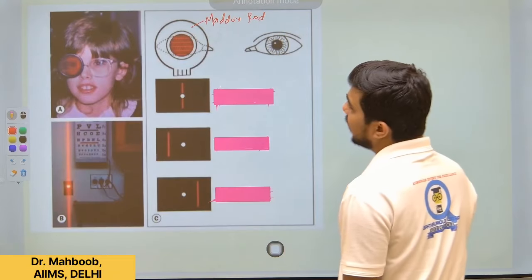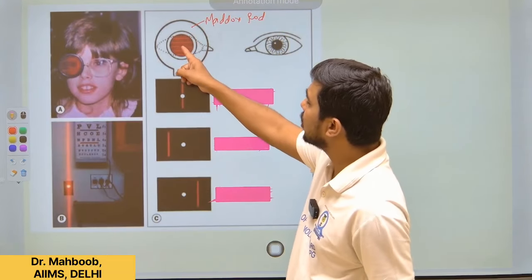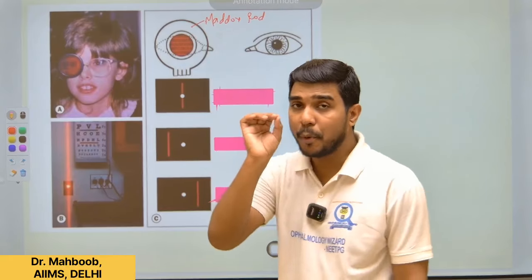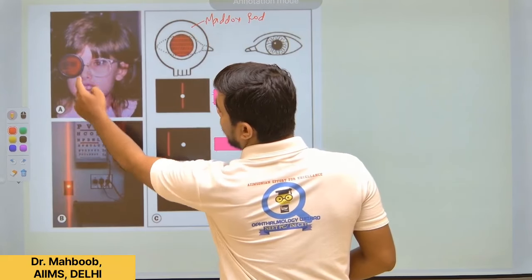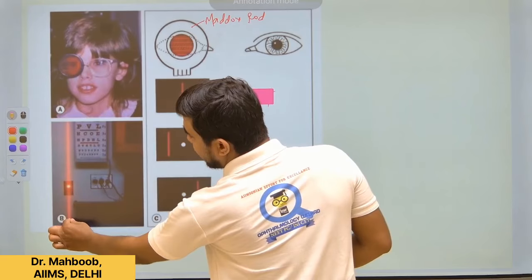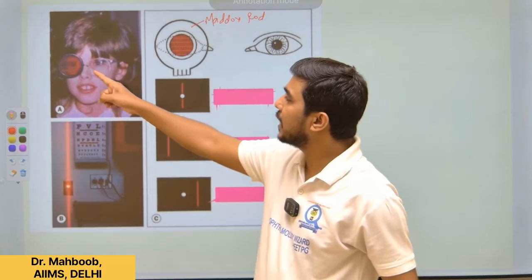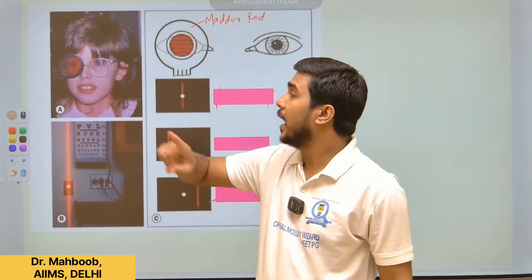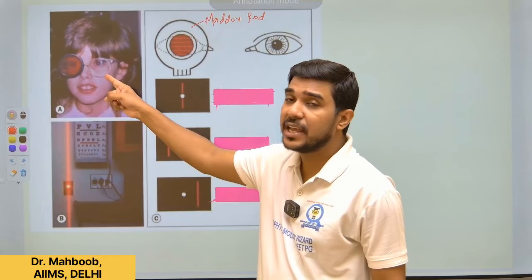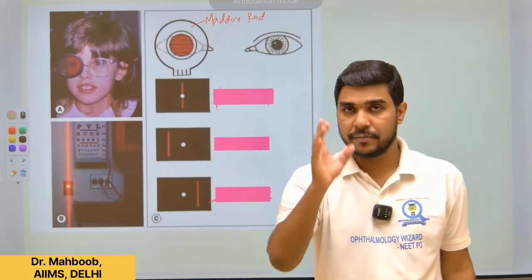Basically, this Maddox rod converts the point light into a line. So with the right eye, this patient will see a line, and with the left eye, the patient will see a dot.